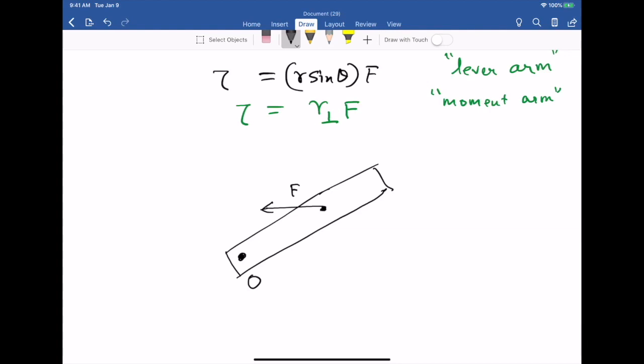My question is, identify R and identify R perpendicular, right? So how do we identify R? R would simply be the vector that goes from the reference point out to the point of application of the force. So this is my R vector. And so if I wanted to find the torque using the R vector, I would just do torque equals R times F times sine theta, where this angle is theta, right?